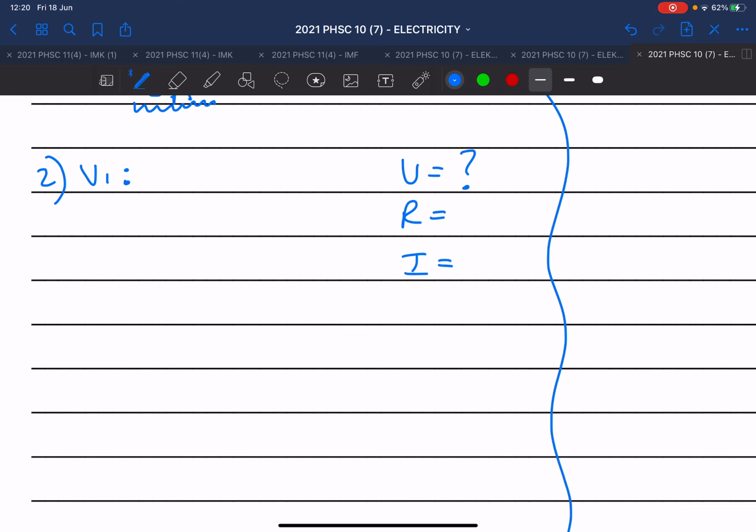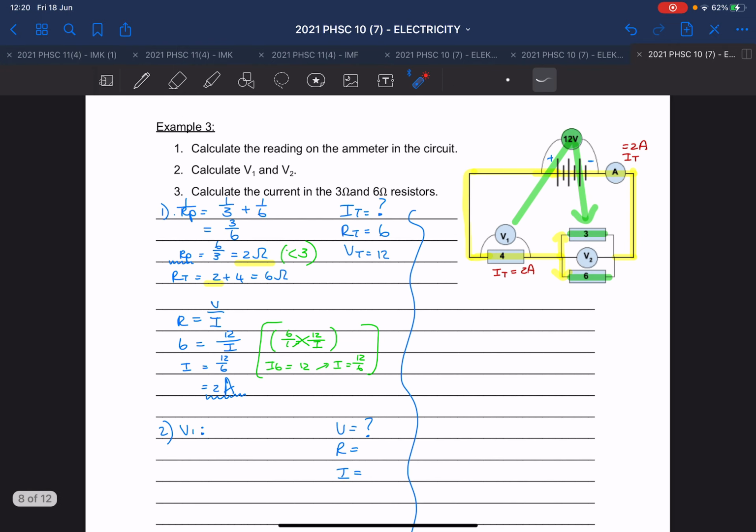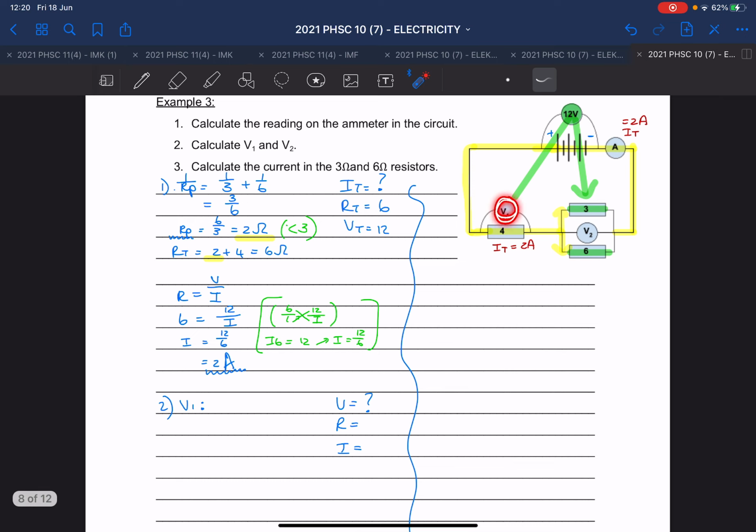Okay, so we want to get that voltmeter reading there. It is over the 4 ohm resistor, so that resistance there will be 4 ohms. And the current that passes through there is 2 amperes.